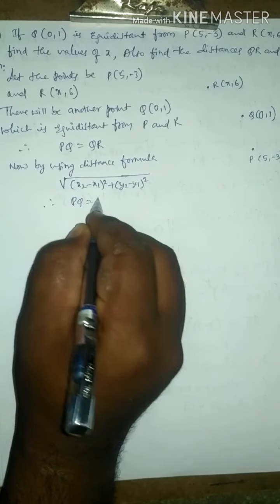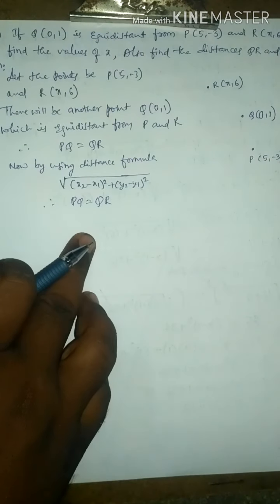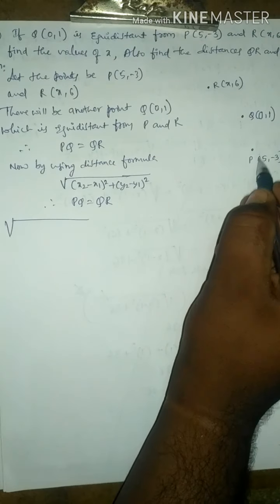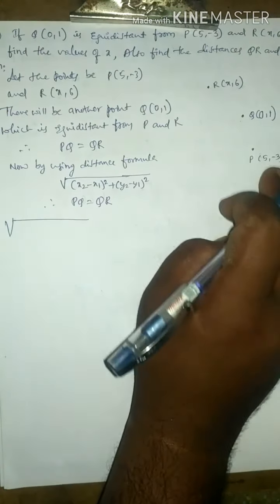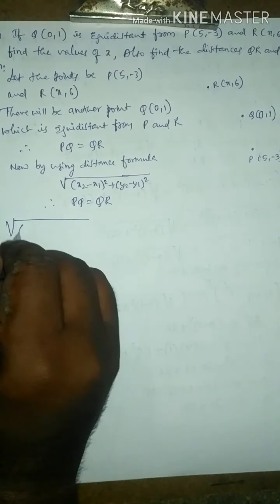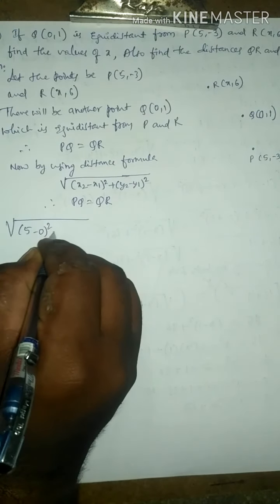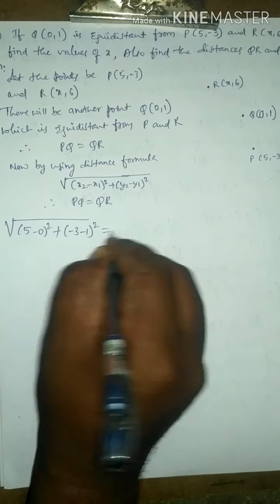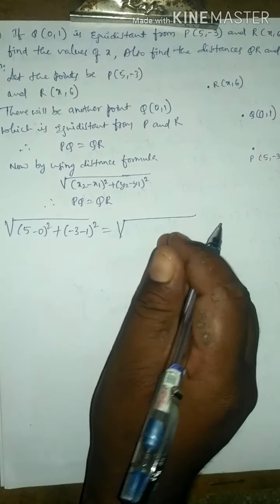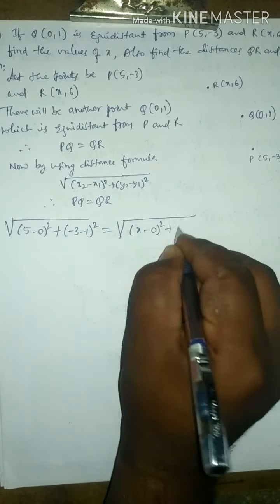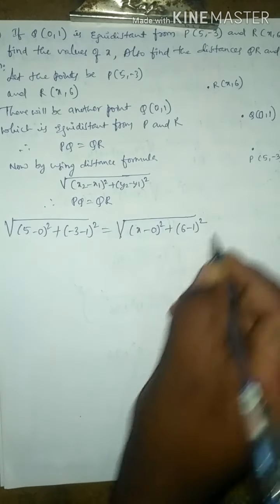To find the distance from P to Q, this is x1 y1, x2 y2: under root (5 minus 0) whole square plus (minus 3 minus 1) whole square. This is equal to the distance from R to Q: under root (x minus 0) whole square plus (6 minus 1) whole square.